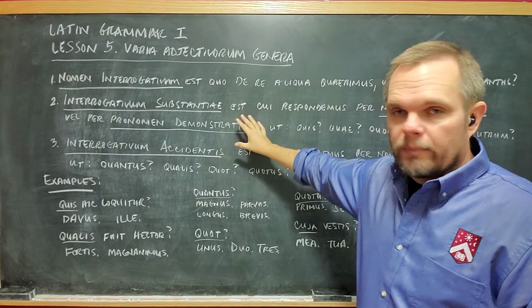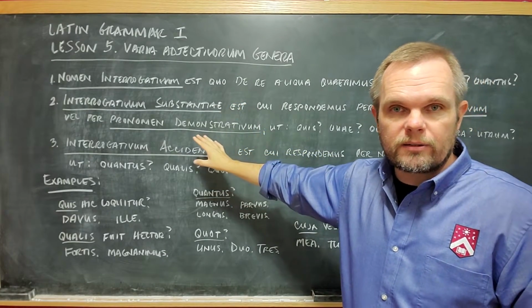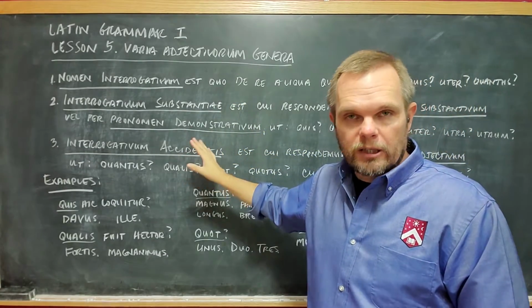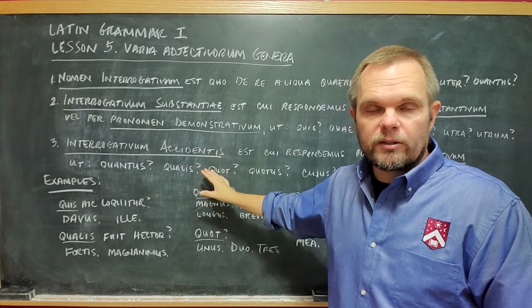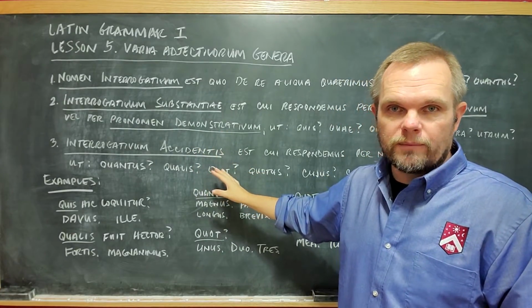We're going to always make sure that we're reading directly out of the text of Alvarez to keep ourselves accountable to that historic Latin grammar teaching in the Catholic tradition.